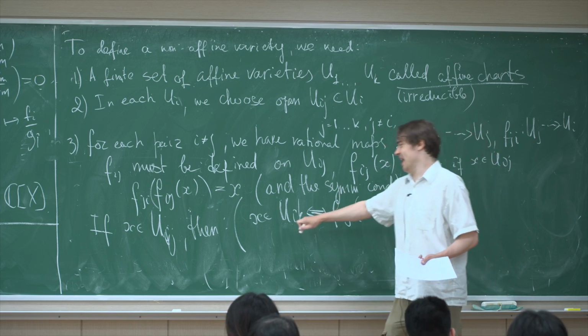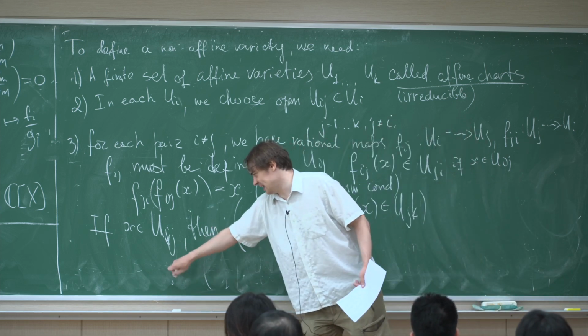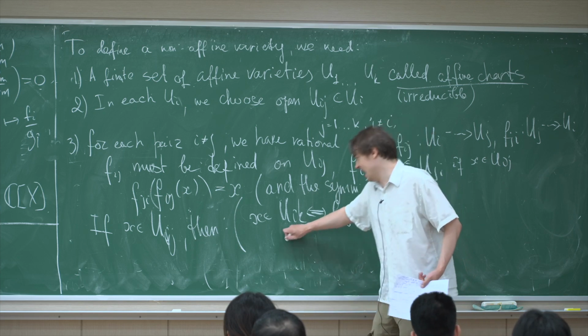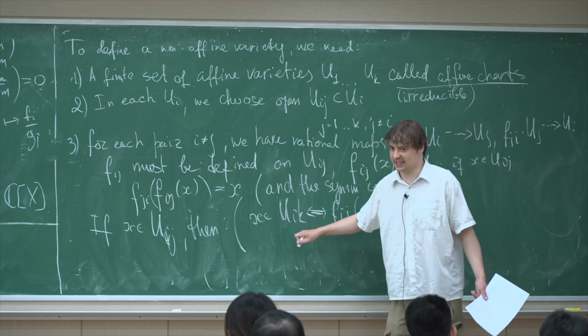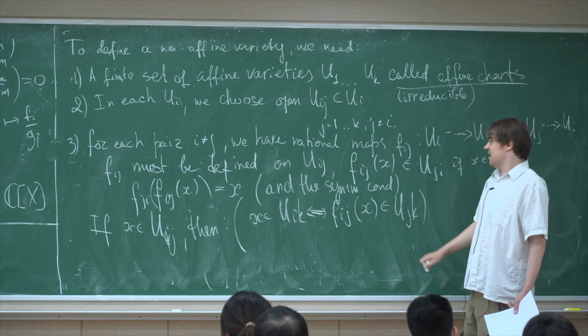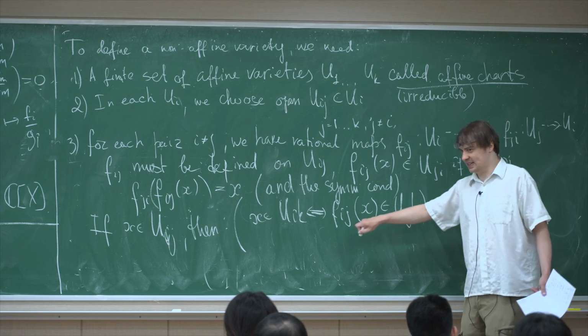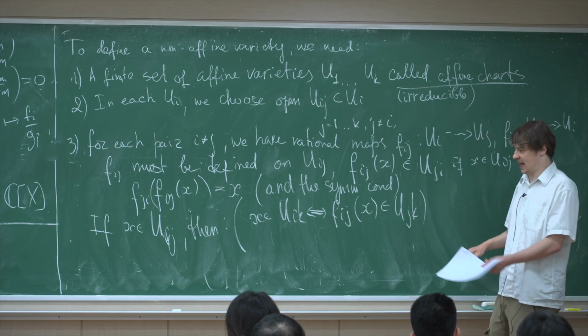So meaning that if we can send x from i to j, and we also allow to send x to another affine chart k, then we must be able to send it first to j and then from j to k.